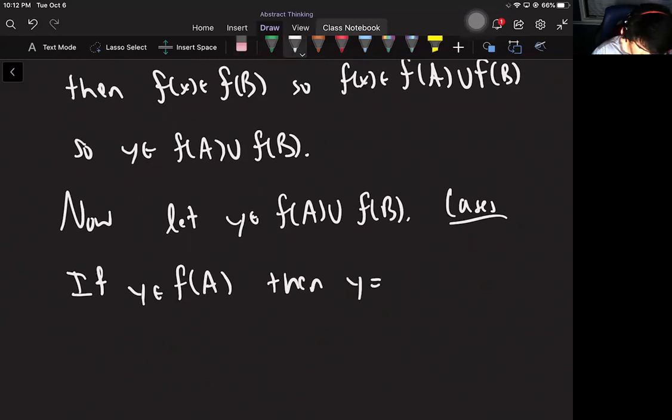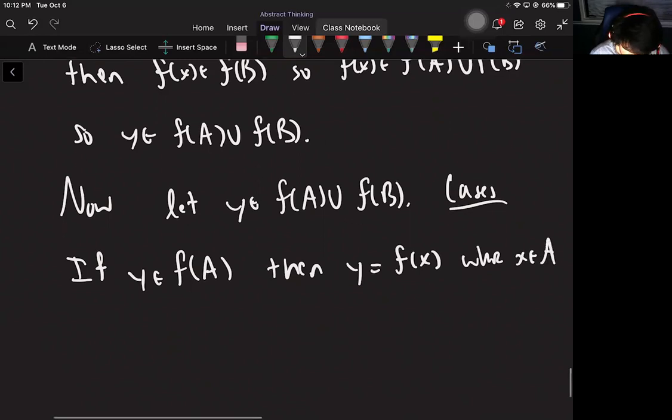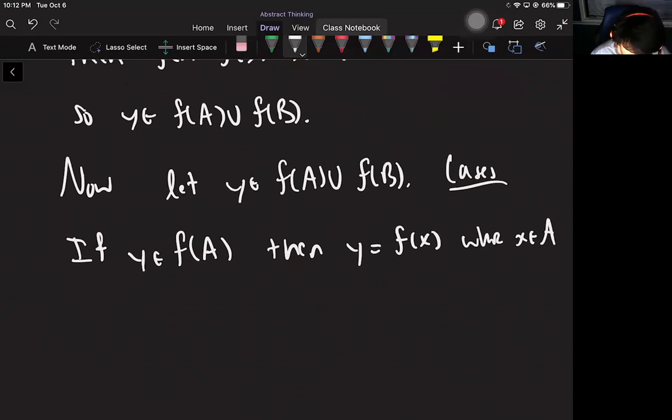It just means it equals f of something where that something is in A. That's just the definition of the image. You have to get used to it. And what does that mean then? So really, x is in A is what we're going to use next.